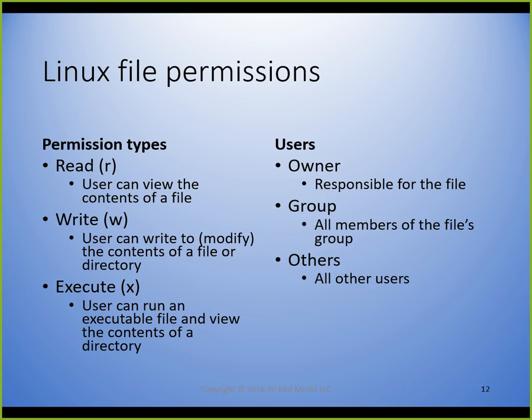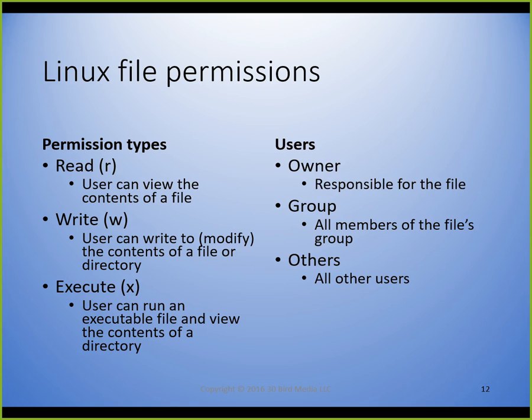And users are owner, group, and others. I have a stupid little acronym for that. It's UGA, you know, the Georgia Bulldog, which is users would be the owners, and then the group, and then the A is all others. So all other users. These are written in binary.